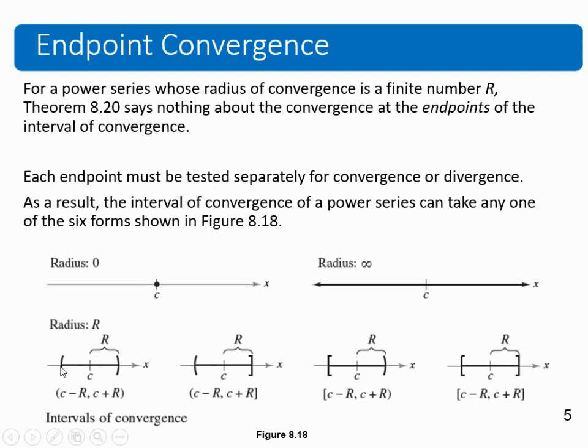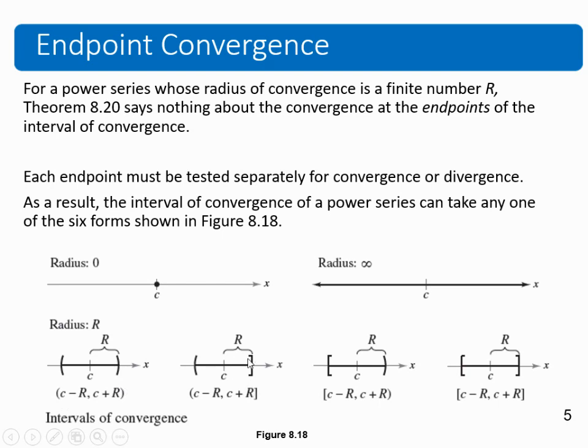In this first example, the power series does not converge at the endpoints. It only converges within this interval of convergence of c minus r to c plus r, but does not include the endpoints.